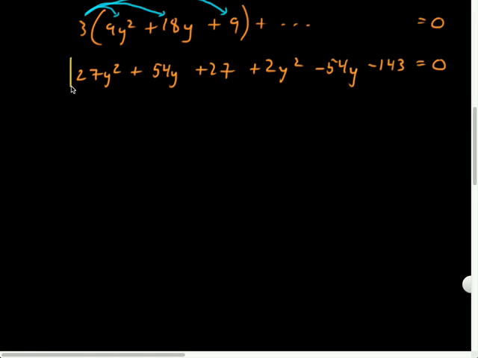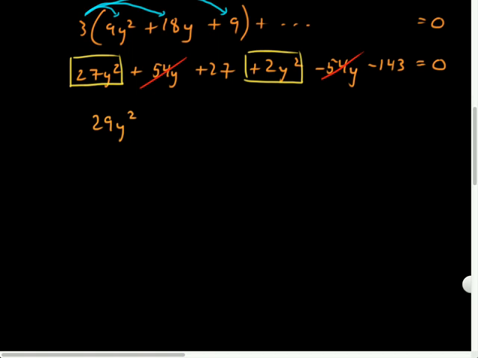So let's go through combining like terms first. I've got this y squared term and this y squared term, so that combines to be 29y squared. Now I've got 54y and negative 54y. Those kind of cancel each other out, which is super convenient for us. That actually makes this problem a whole degree simpler.